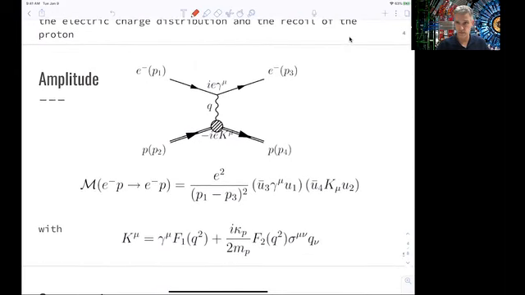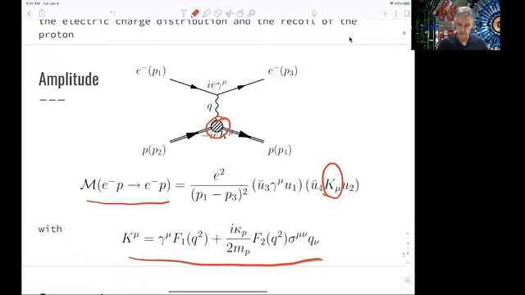Again, we can start from where we left off with the electron-muon scattering, and write down our matrix elements, just now for the proton. What we do here is we modify the vertex of the proton, and the modification is parameterized in those two factors, describing the cross-section or the matrix element amplitude with two form factors.